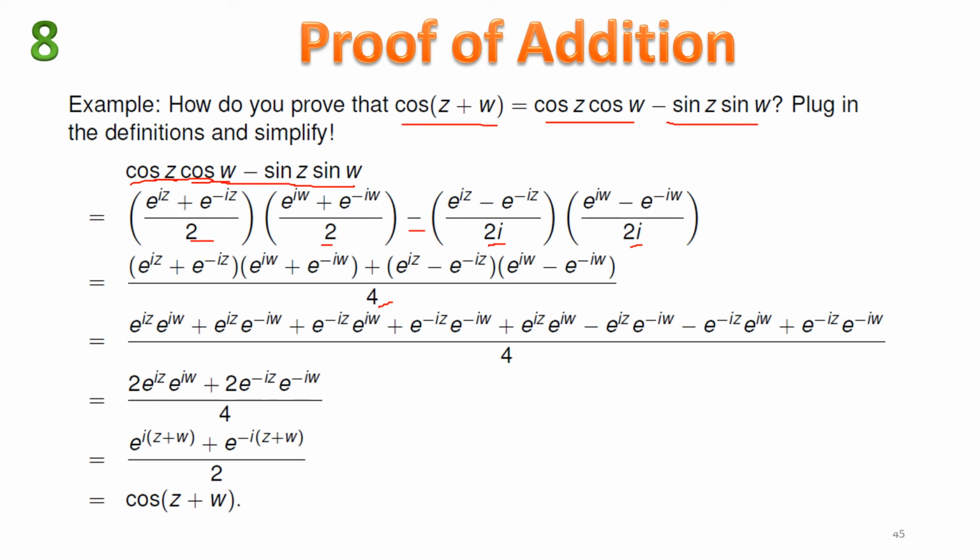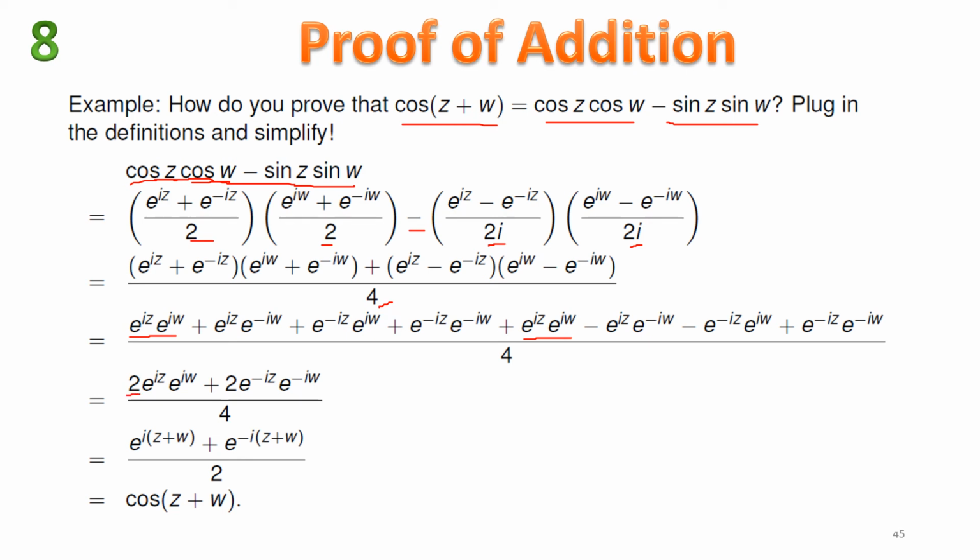a plus b into c plus d, we can expand it like that, and here you can see on the screen that we have the terms written for all quantities. e to the iz into e to the iw, this quantity plus e to the iz into e to the iw, that makes it 2 times.